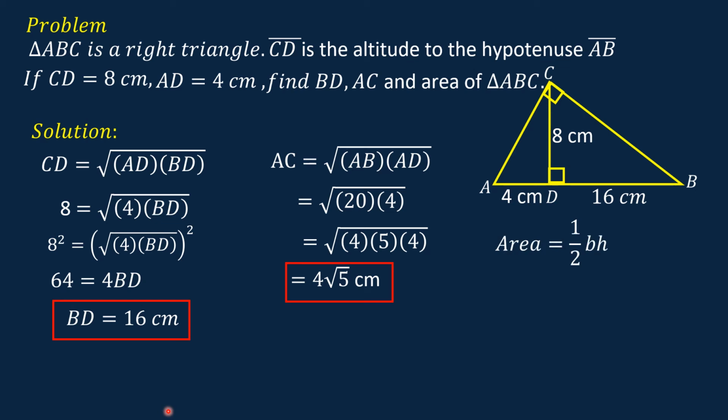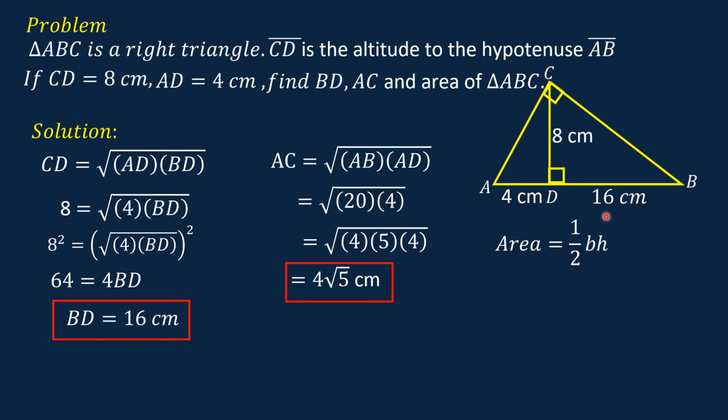Let us solve for the area. The formula for finding the area of a triangle is area is 1/2 BH, where B represents the base and H the height of the triangle. The base is the AB, which is the 4 plus the 16 in length.